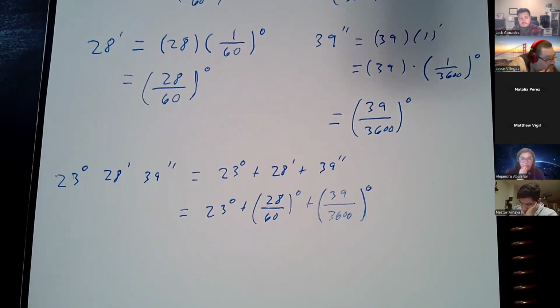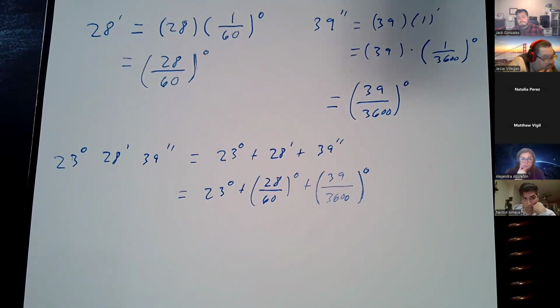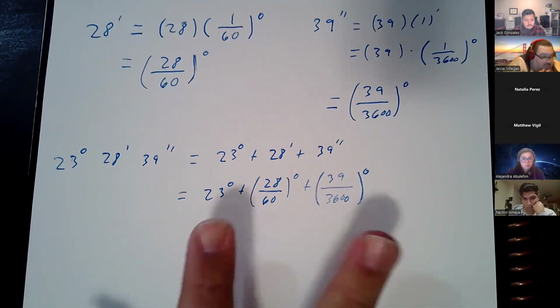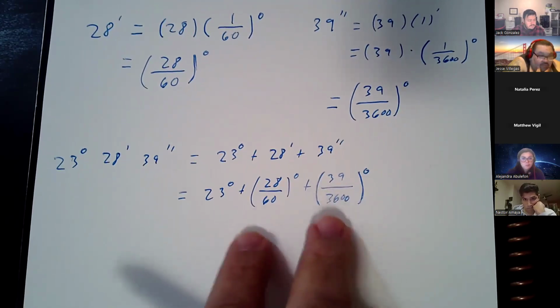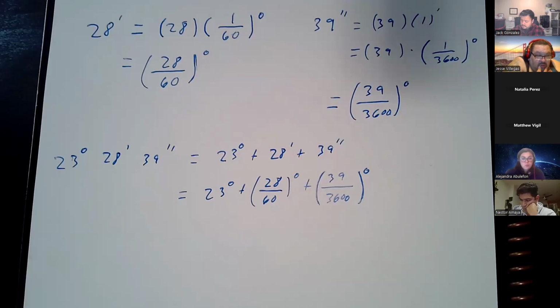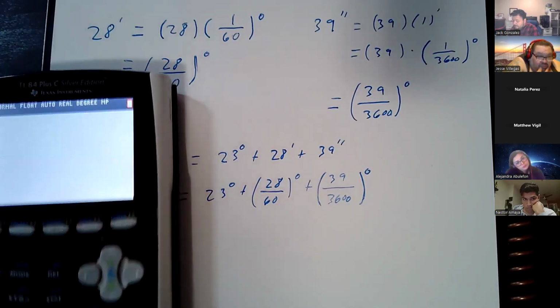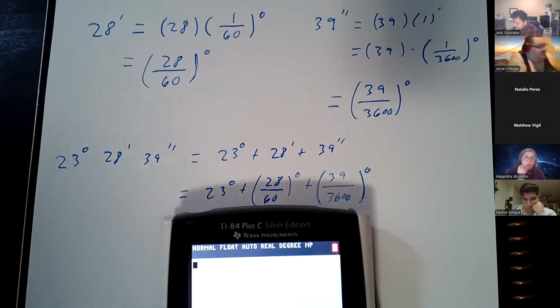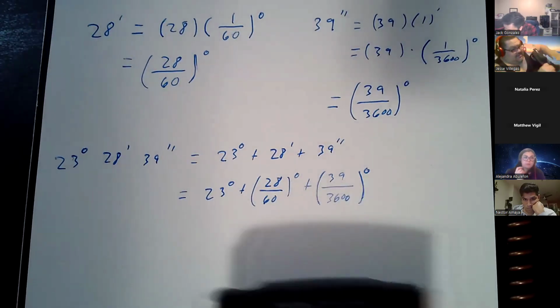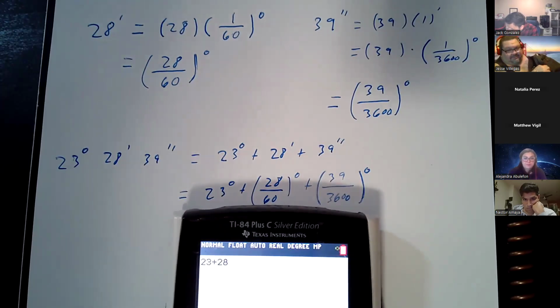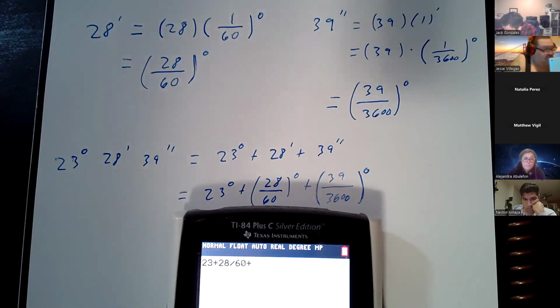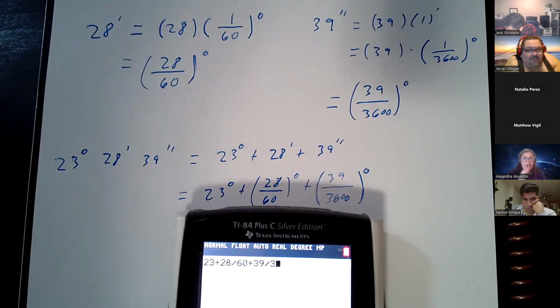All right, still with me, right? So at this point, we have to bring out our scientific or graphing calculator and just make this nice. 28 over 60 plus 39 over 3600. Let's see if we can get it all in one go.